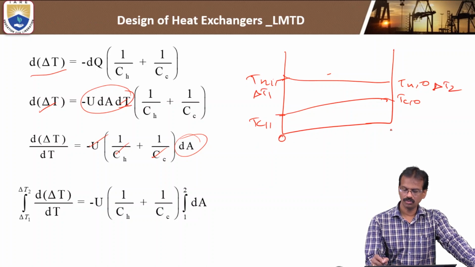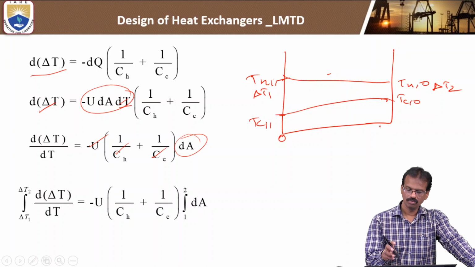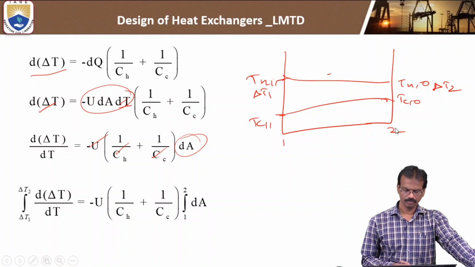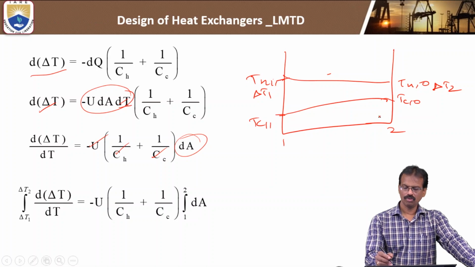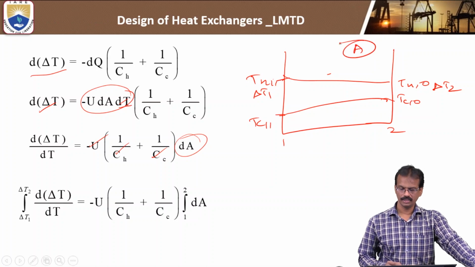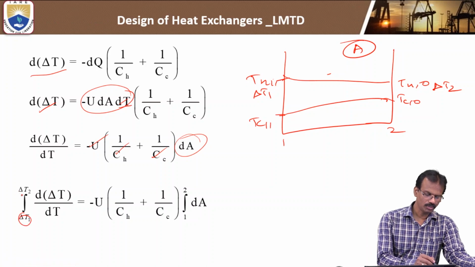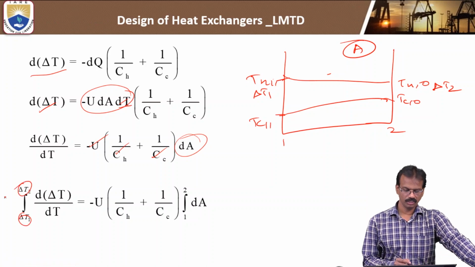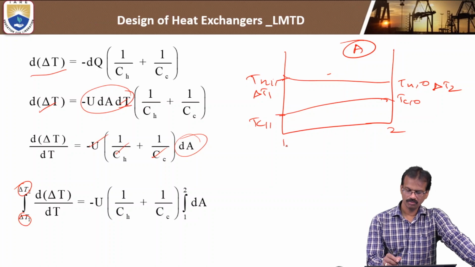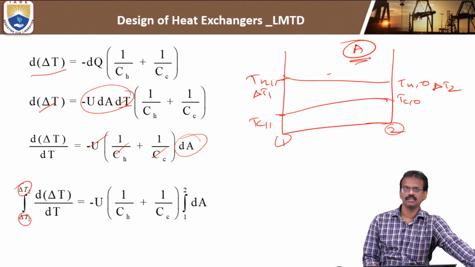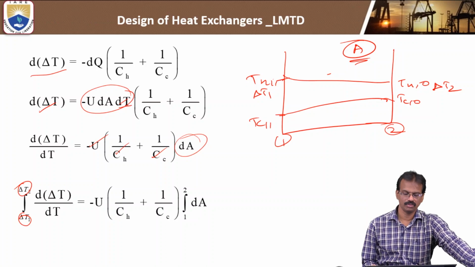The area is from section 1 to 2, you can take. Okay, the area is uniform, so for the overall area you can take A. So we are taking the limits delta T1 to delta T2. Here the area is common, that is, the integral of dA is nothing but A.